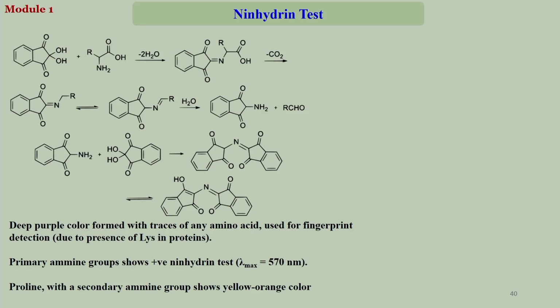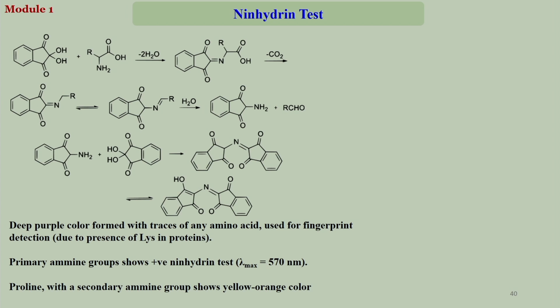So it goes like this. This is the solution of ninhydrin, and here I have shown it using an amino acid, not proteins. If you have a free amino acid, what is the reaction that happens?